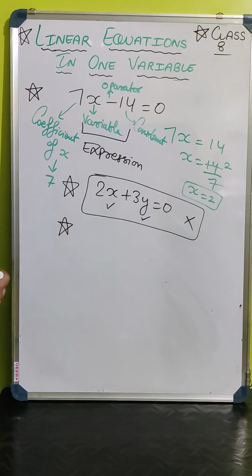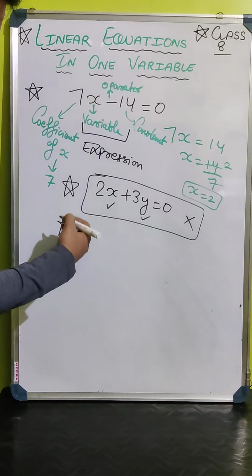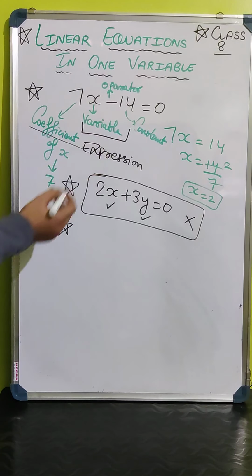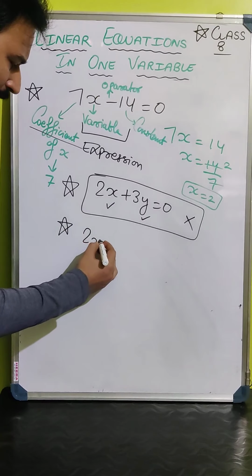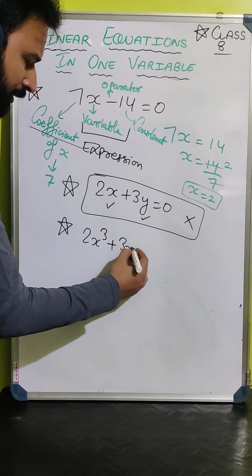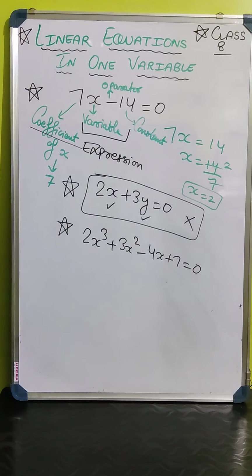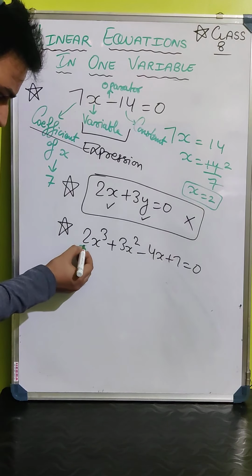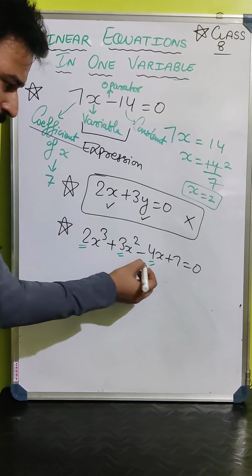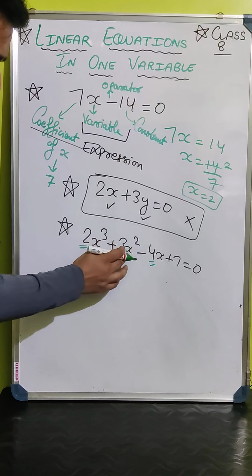Now if we have to discuss the coefficients, I am writing the equation 2x cube plus 3x square minus 4x plus 7 equals 0. Now 2, 3 and 4 are the coefficients of x cube, x square, x.